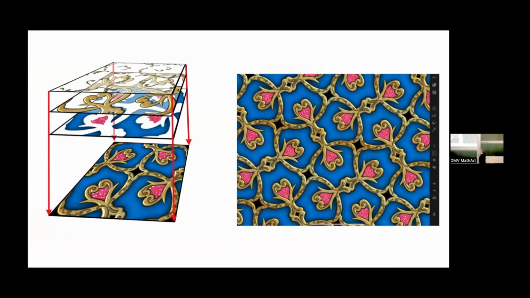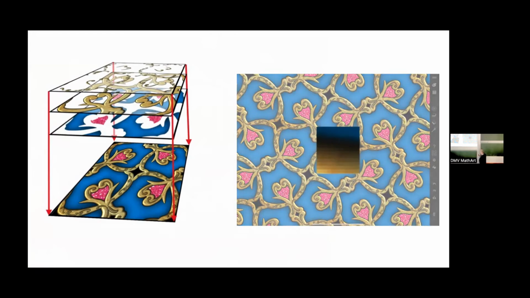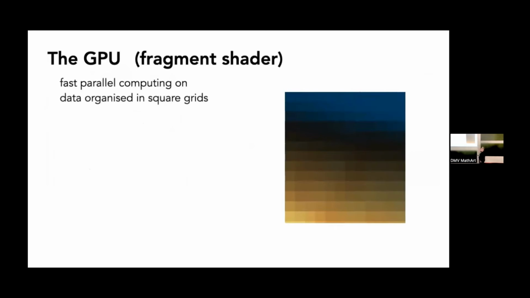But I want to go into the special effects. So what are you doing with the special effects? And therefore I have to teach you a little bit about what you do on your GPU. So let's zoom in here and look at the GPU. The GPU is a graphics processing unit. And well, essentially, at least one part of it, the so-called fragment shader, can be considered as a fast parallel computing device on a grid of data points.